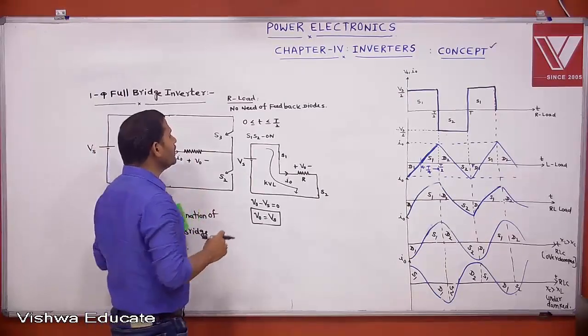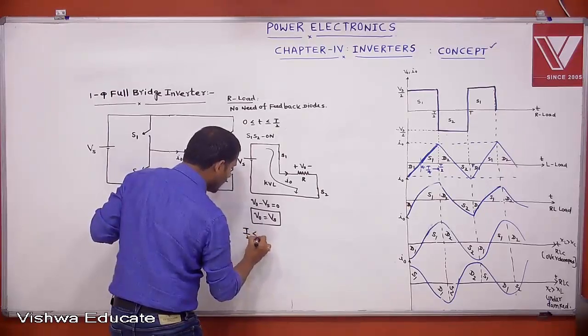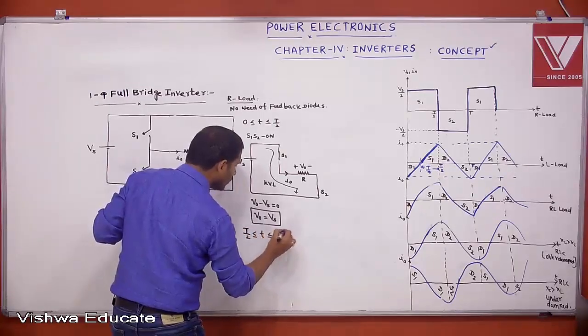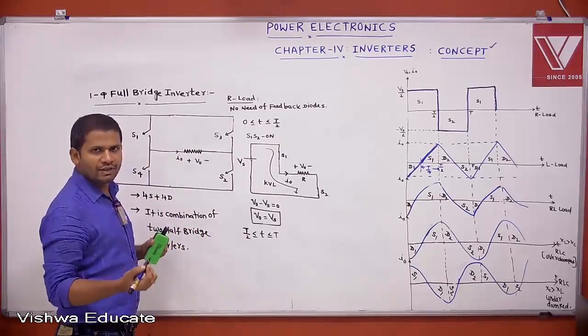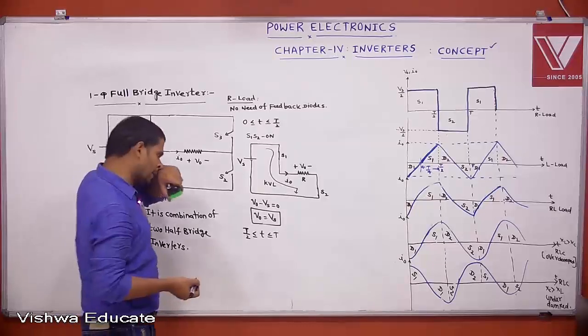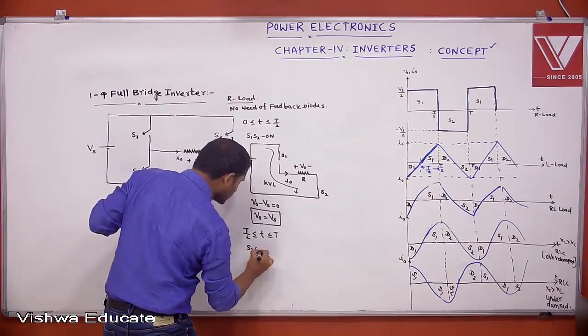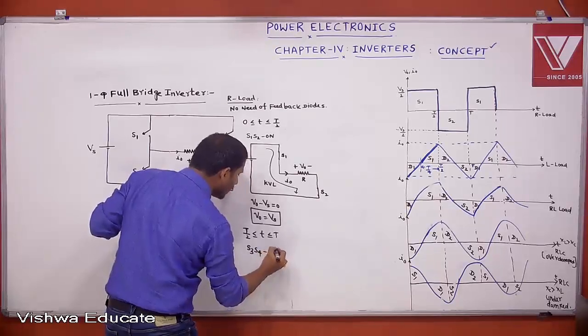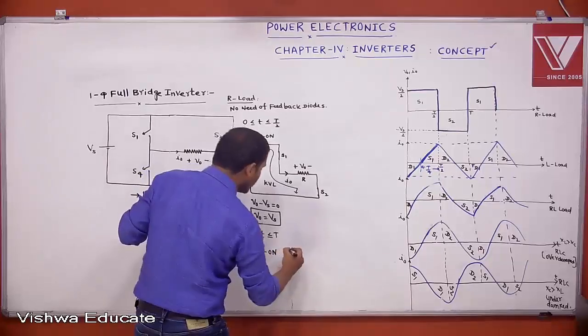Now one operation is nothing but one time period of operation. For T by 2 less than or equal to t less than or equal to T, I will turn off S1 and S2. On and off is in our hand because the input is DC. I will turn off S1 S2, then I will turn on S3 S4. If S3 S4 is on, what is the equivalent representation?